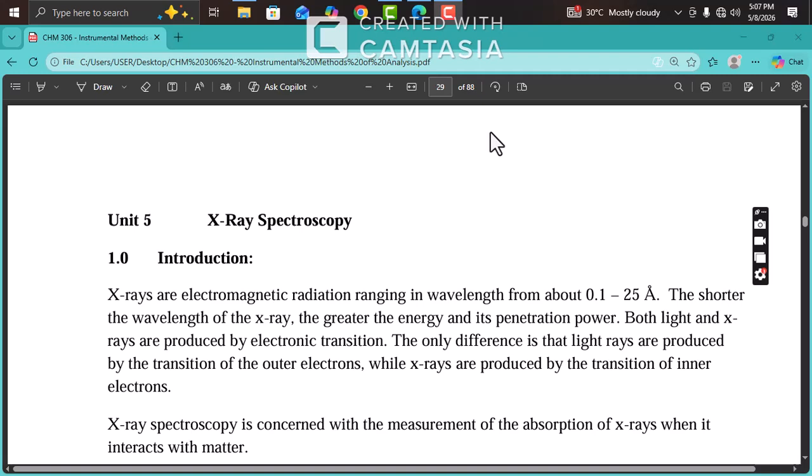For X-ray spectroscopy, we will center in on X-ray emission spectroscopy and X-ray fluorescence spectroscopy. So those are the two methods we are going to consider. Yes, there are other methods, but we're also going to consider XRD under the X-ray methods.